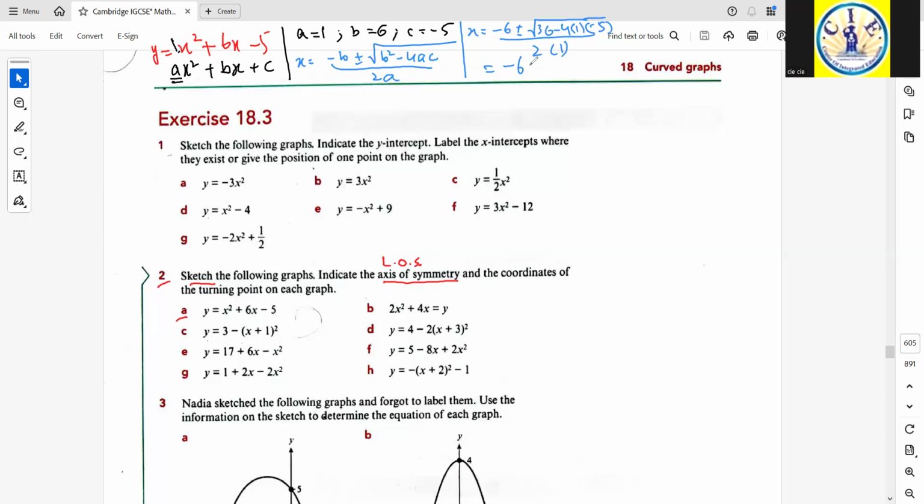Okay. Now this is -6 plus minus the square root of 36 plus 20, divided by 2. So you can have -6 plus minus the square root of 56 divided by 2. Okay, now you need to calculate the square root of 56.